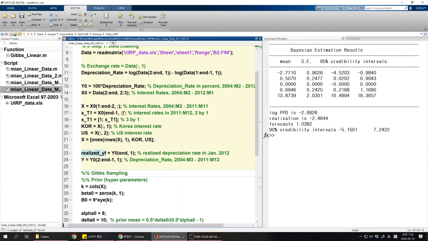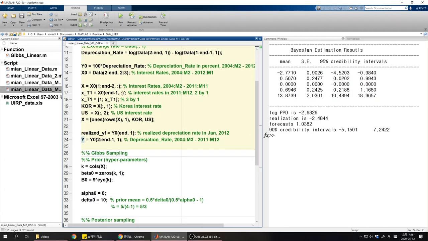And here is the realized dependent variable. This is the dependent variable that will be used for estimation, or just sampling the posterior distributions of the parameters. And then these are the independent variables for forecasting one period ahead depreciation rates.